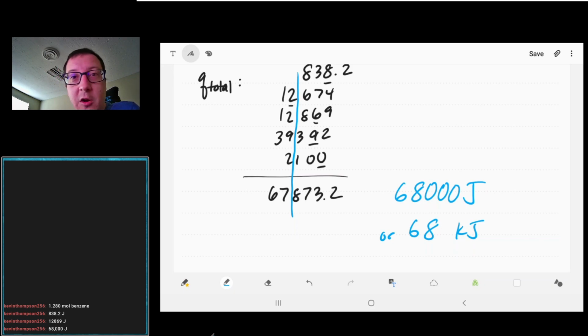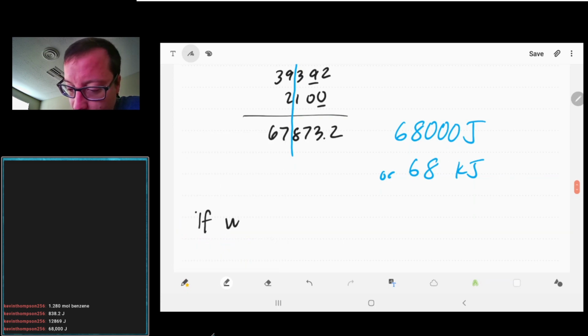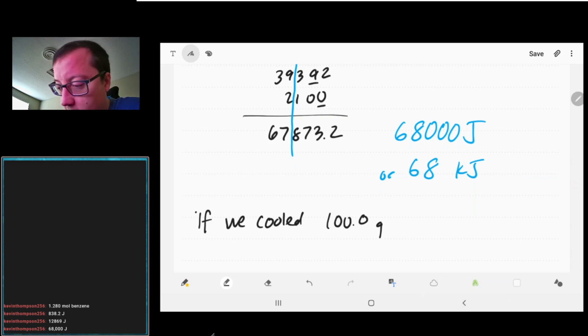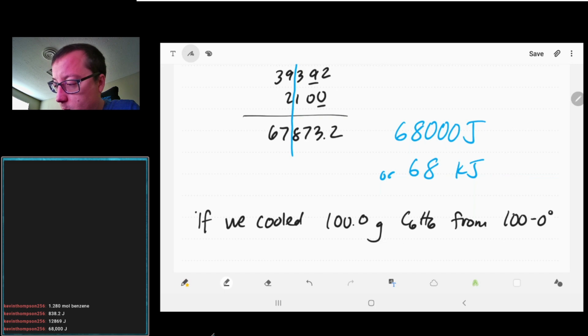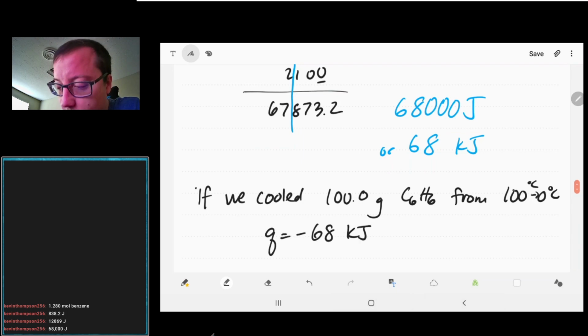Just so we know, if this were the opposite process, if we cooled 100 grams of benzene from 100 to 0 degrees Celsius, the Q would just be negative 68 kilojoules.